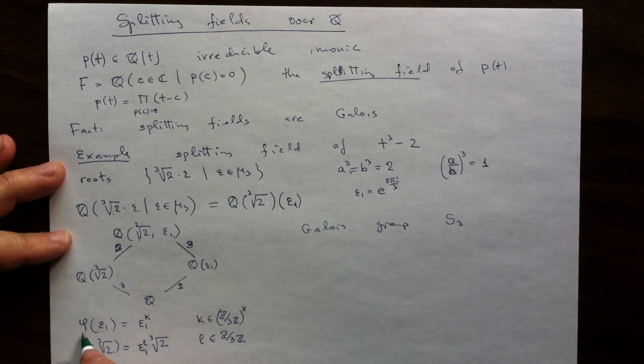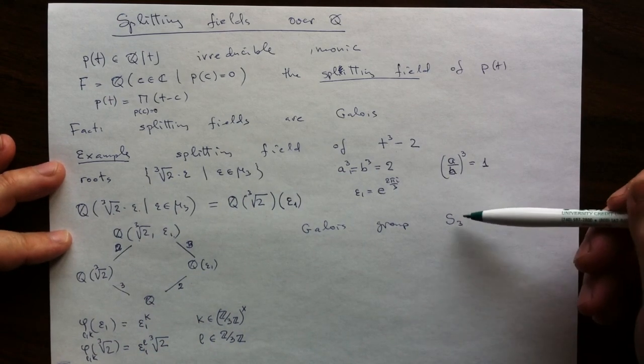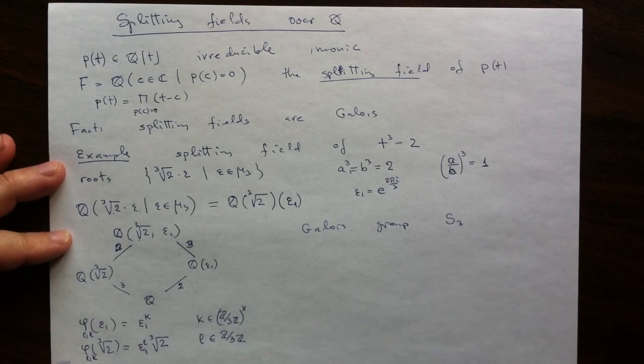So let me write now my phi, since it is controlled completely by these two numbers, with these labels L first and then K. And now I know my Galois group, which is supposed to be S3, as a group of automorphisms labeled by pairs of numbers. I have two possibilities for K, either 1 or 2, and 3 possibilities for L. The total number of possibilities is 6, matching the order.